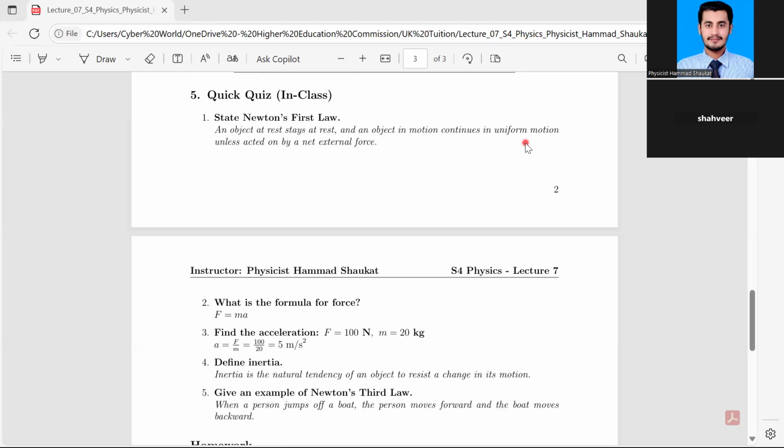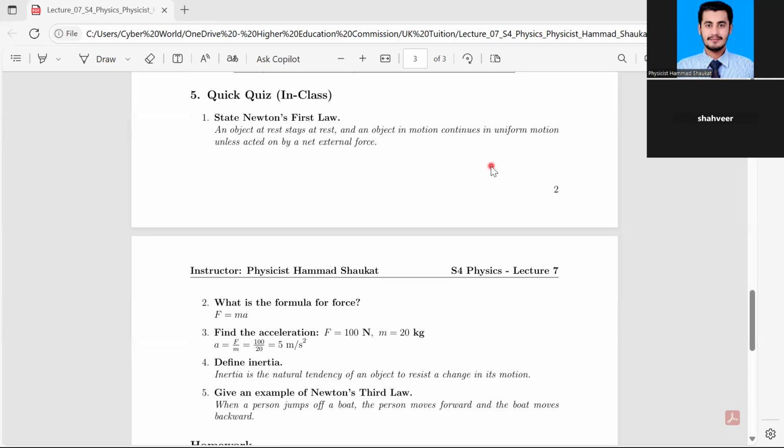Good. What is the formula of force? F equals ma. Yes, F equals ma. This formula is derived from which law of Newton's? The second law. Yes.